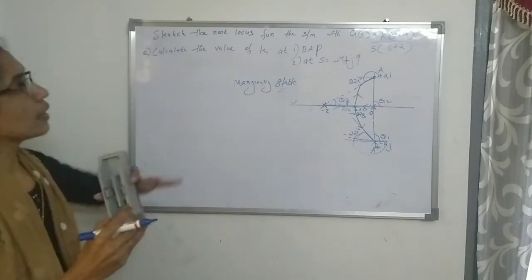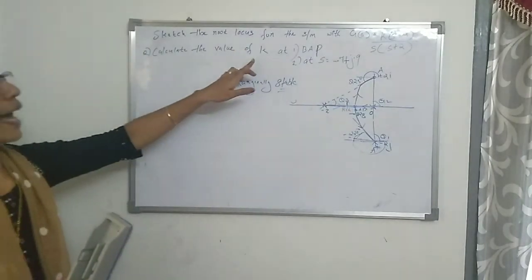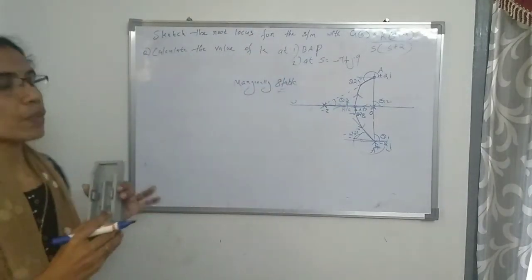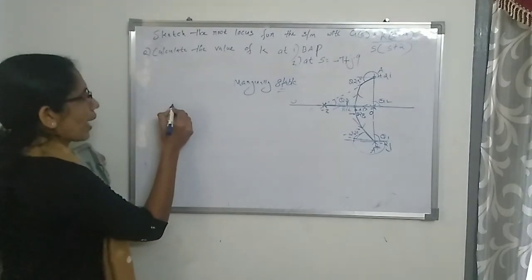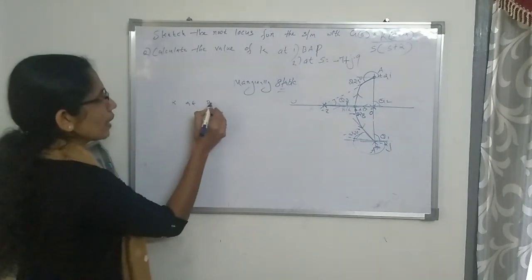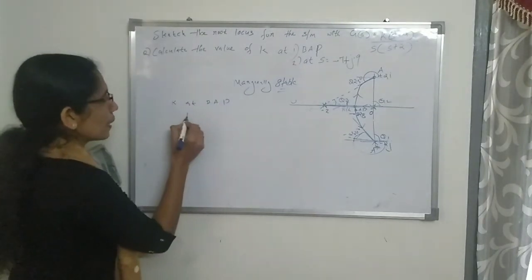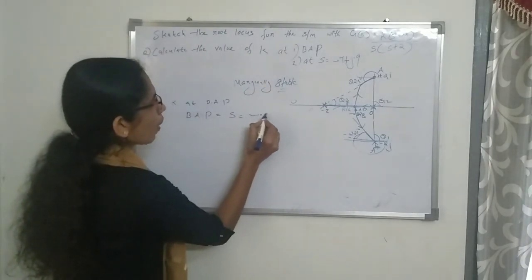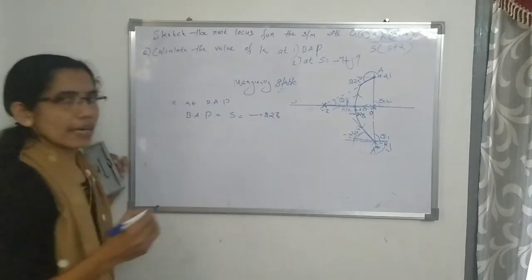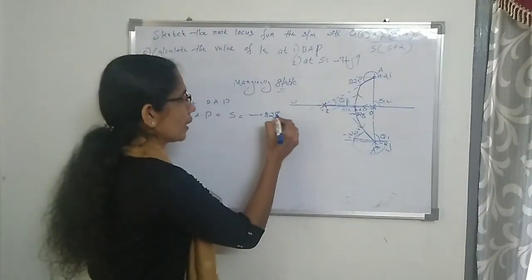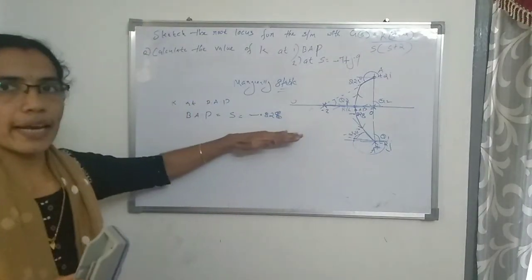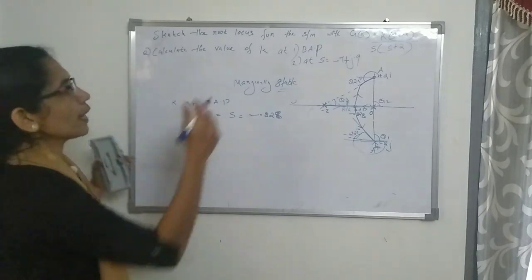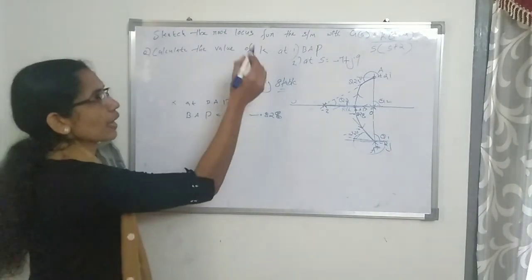that's about the system. Next we need to find the value of k at the breakaway point. We know that the breakaway point is s equal to minus 0.828, and we need to find the value of k at that point.